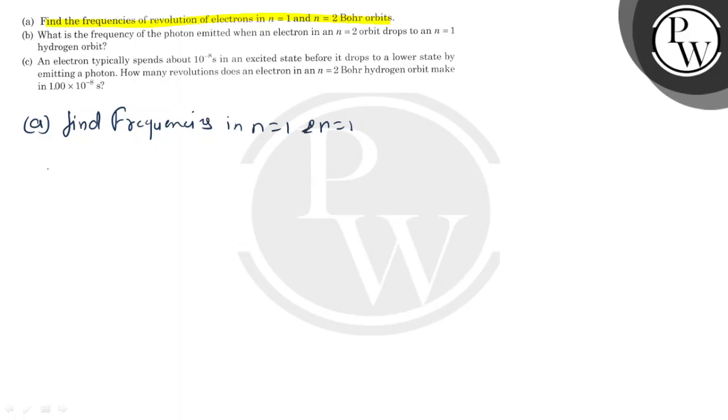Then f equals v upon 2 pi r. v equals v naught z by n, that is, v is proportional to 1 by n, and r equals r naught n square by z, that is, r is proportional to n square.